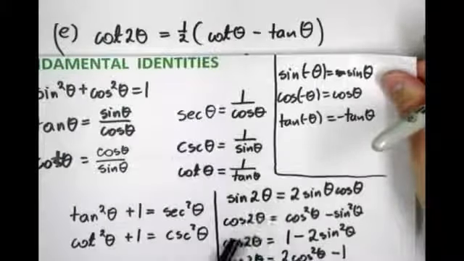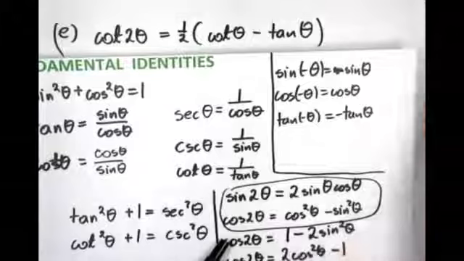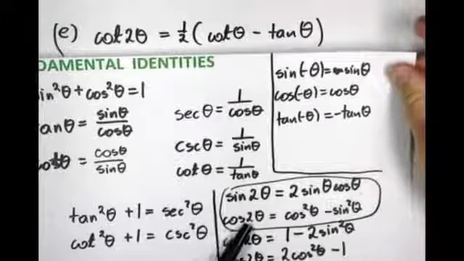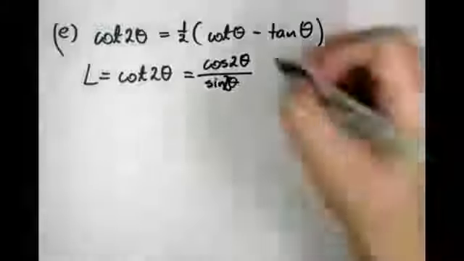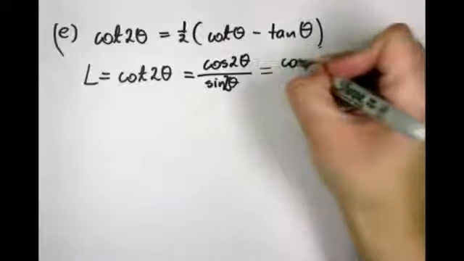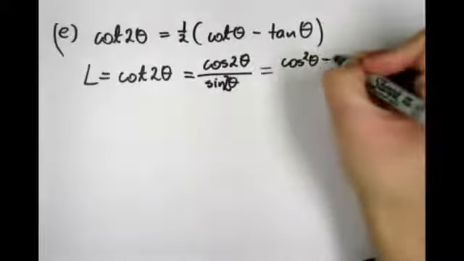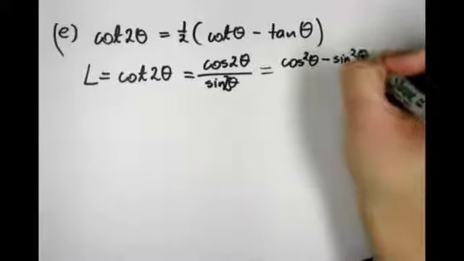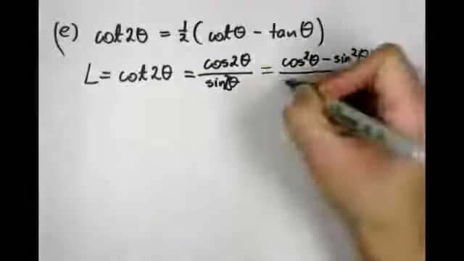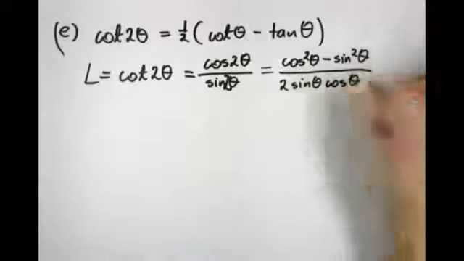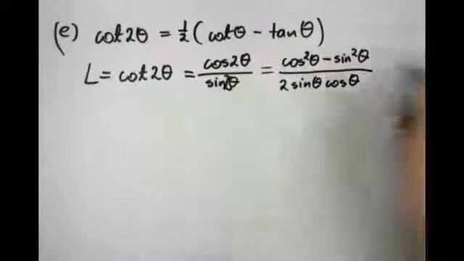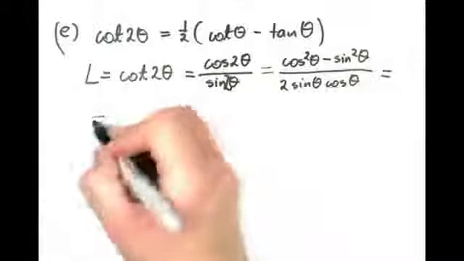I only remember those two, and the rest I work out as I need. So cos 2 theta is cos square theta minus sine square theta. And sine 2 theta is 2 sine theta cos theta. So now we can separate them.